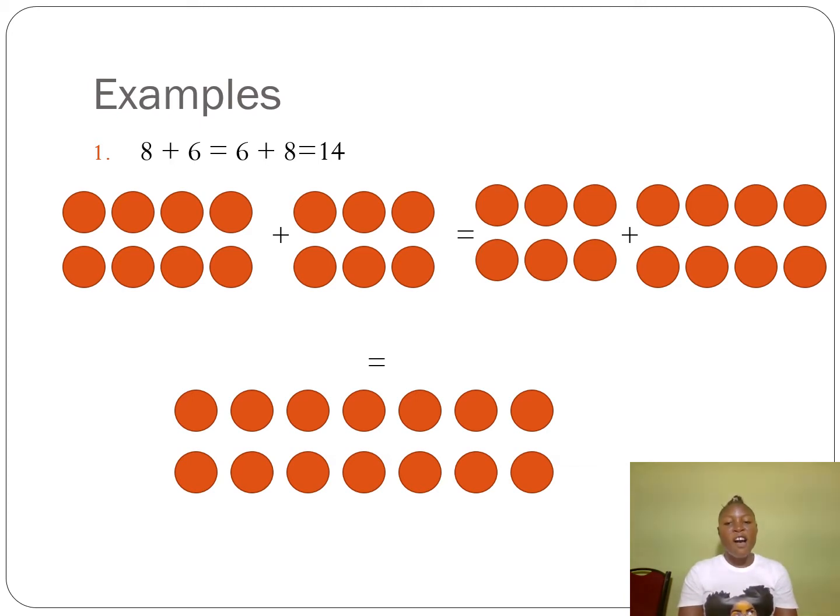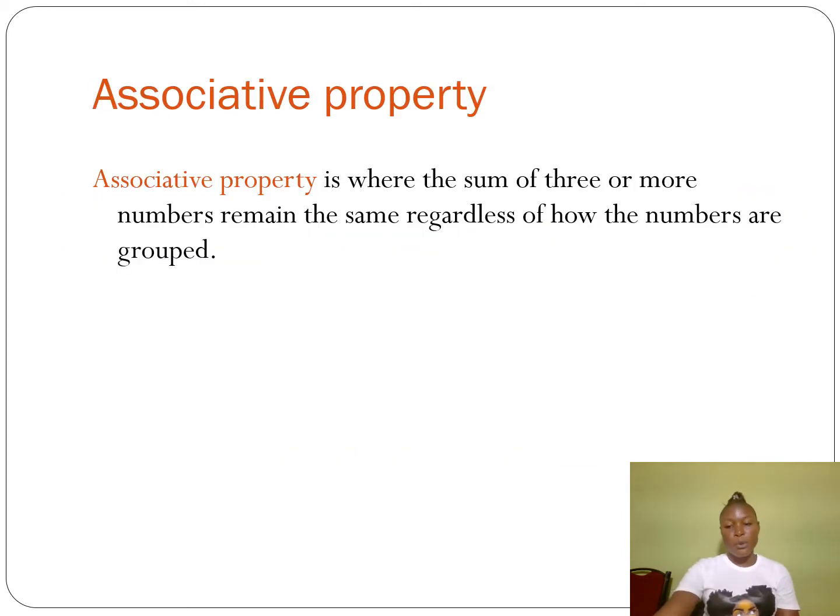Now these circles have been changed at the other side. We can first see 6 being added to 8 circles, and they all add up to get the answer 14. So you see, wherever you position the number, it doesn't affect the result.